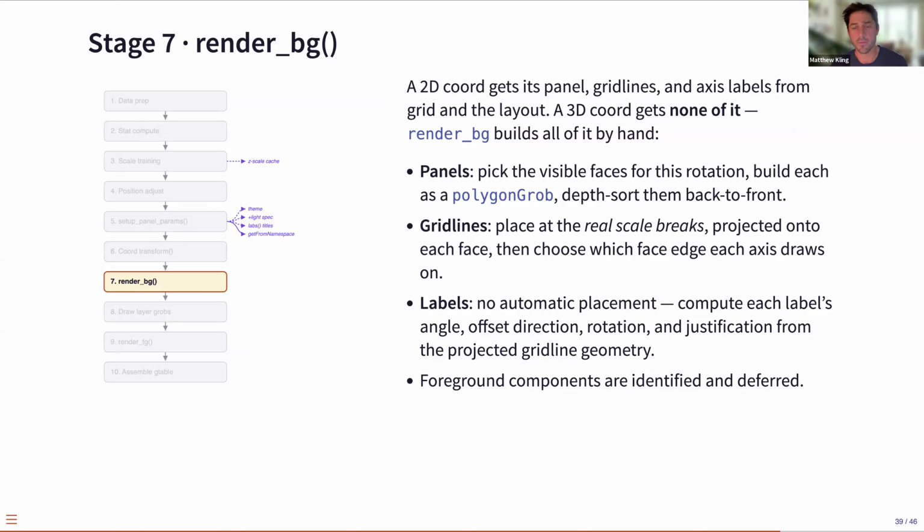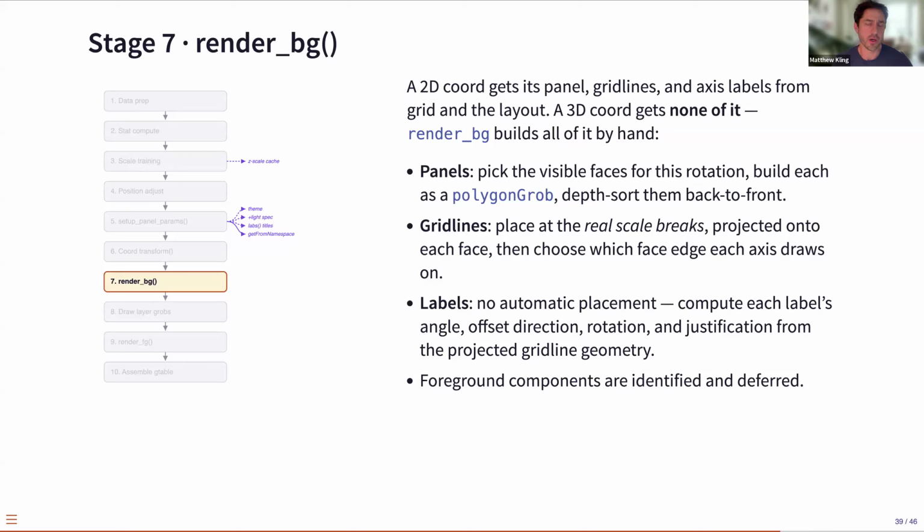But I had to implement all of that from scratch for three dimensions. So based on the user's theme, figuring out what all of the parameters for a polygon should be to make one of those polygons that sits behind the data, and figuring out where the grid lines should go. And then for the labels, where do the labels go? How do I rotate them so that they're in line with the grid lines? The label spacing, all of that.